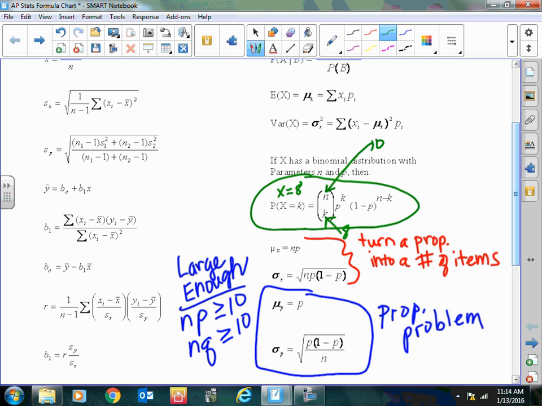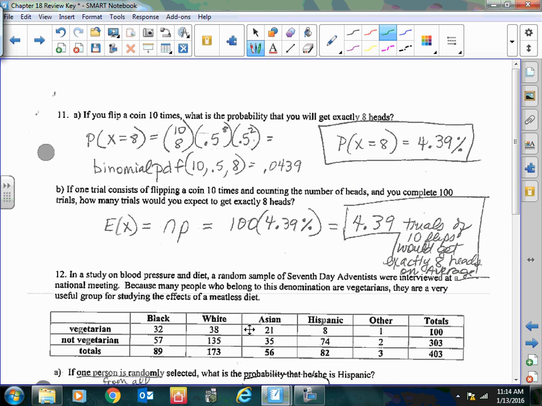Otherwise, you'd have to do all the different combinations. All right. So the way we've done that in the past, here is how you showed the work. Probability that x equals 8. Do not have a fraction line there. I still saw some fraction lines, and hopefully I didn't have that in my key. There's no fraction line here. It's 10 choose 8. It's not a fraction.